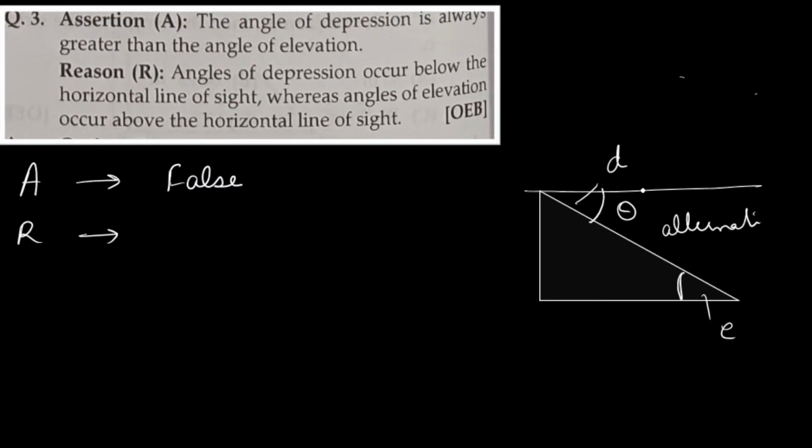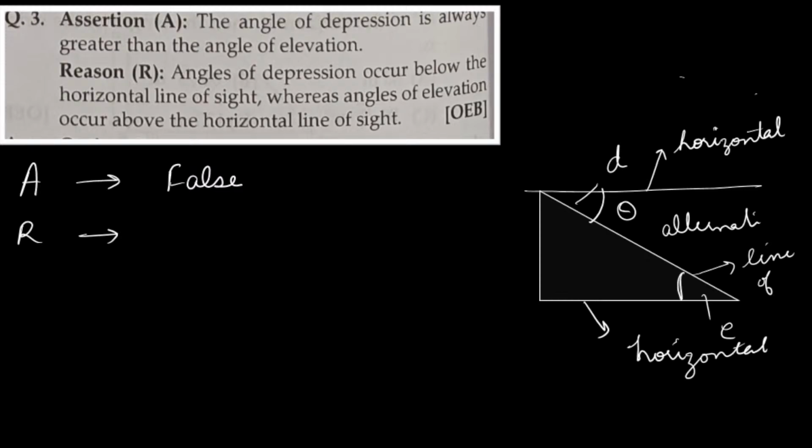See, this is horizontal line. Here, this is horizontal line. Eye level, and this is line of sight. Actually, where we are seeing. So, angle of depression occur below horizontal line, whereas angle of elevation occurs above the horizontal line of sight.